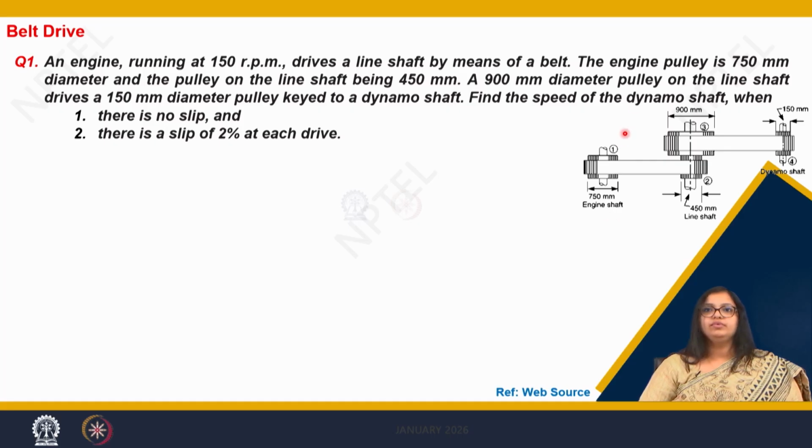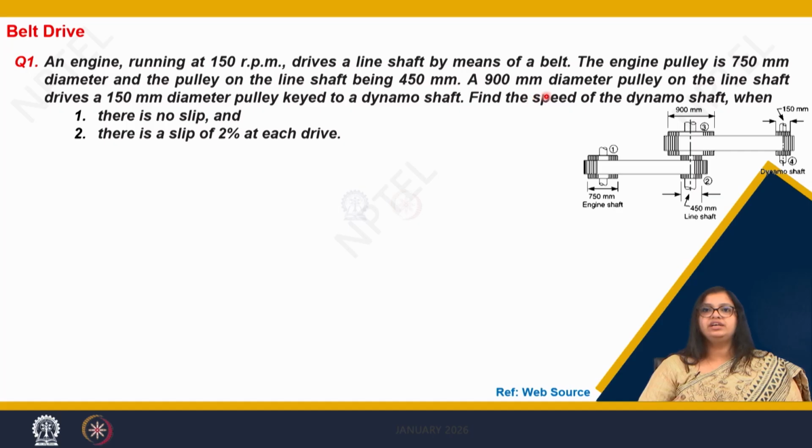The engine pulley is 750 mm diameter and the pulley on the line shaft is 450 mm in diameter, and the pulley on the engine shaft is engaged with it through a belt.